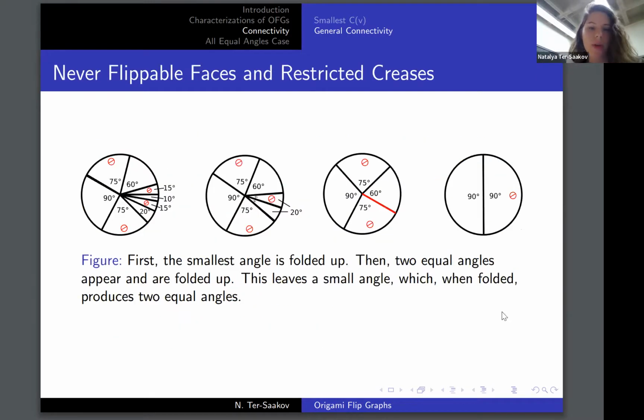You can see some on this photo. So we marked the never flippable faces with do not signs, and then we folded up. This became a never flippable face. And then this got folded up into this crease, which is a restricted crease. And if you have enough never flippable faces or restricted creases interacting with one another, i.e. touching, then your origami flip graph becomes disconnected.